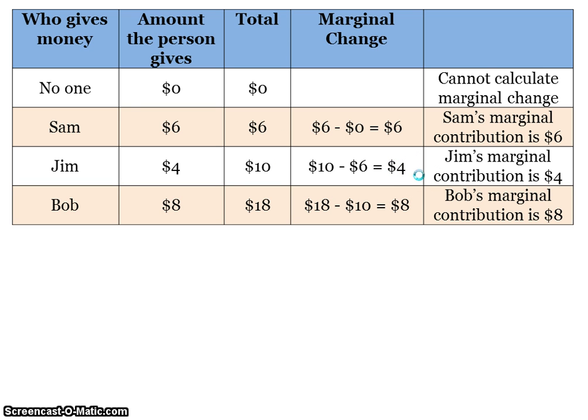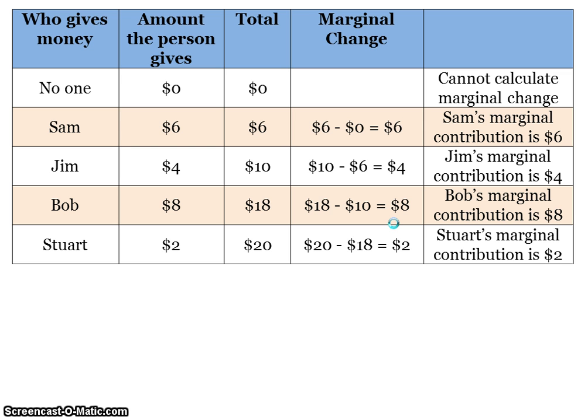Bob contributes $8. Again, total goes up from $10 to $18. We take the difference between those two numbers to get our marginal change. The marginal change in the pizza fund was $8.